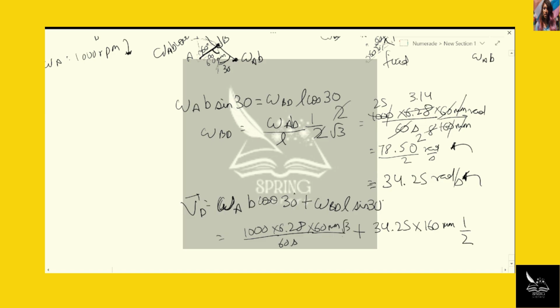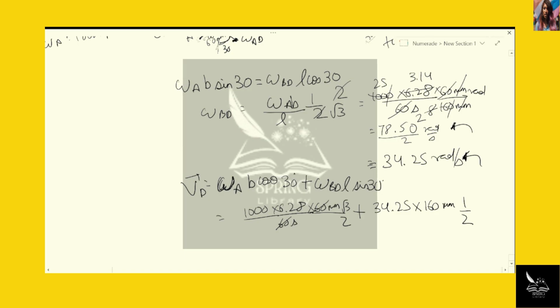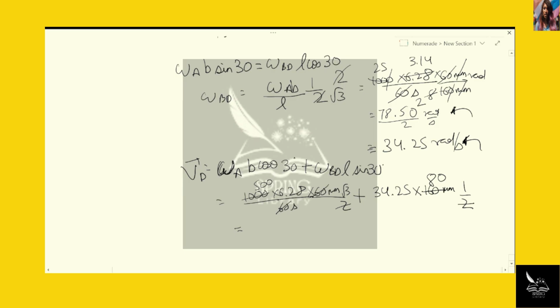60 cancels 60, and 2 cancels this, we get 80 here. 2 cancels this, we get 500 here. I think it was easier to multiply and then divide, but anyways, square root 3 is 1.73.